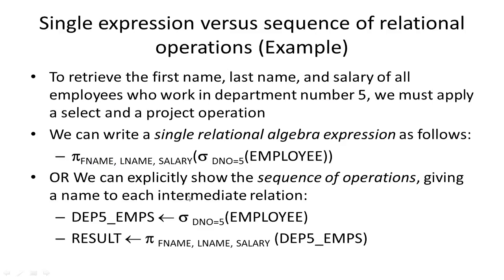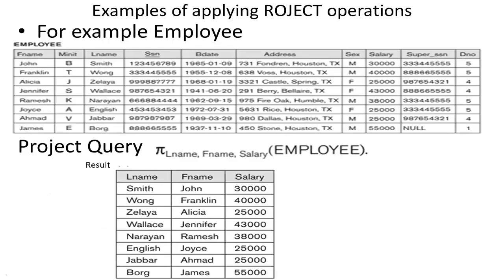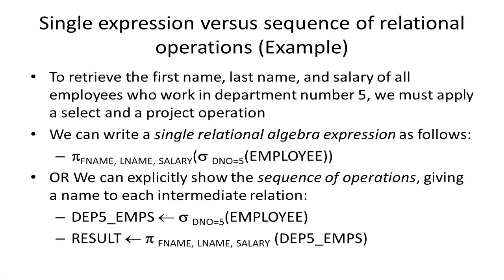In the intermediate results, first you will perform the select operation with the given condition, department number equal to 5 from the employee, and this will fetch a number of records that will be stored in a temporary intermediate result, DEP5_EMPS. It's actually a name given to store your intermediate data. In the previous example, I think there are 4 records which match department number 5.